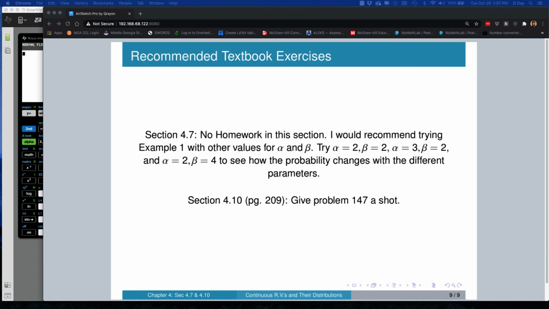There are a couple of homeworks. There's really no homework in 4.7 because a lot of the homework questions on the beta distribution are ones that you need to use applets for. And since we're not really using applets in this class, try our example 1 that we did with different values of alpha and beta thrown in the mix to see how your probabilities change.